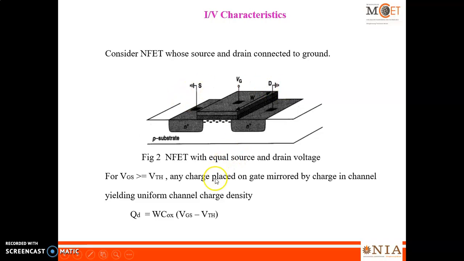What is the concept of this N MOSFET? When the gate voltage is equal to or greater than the threshold voltage, the transistor will get turned on, and any charge that is placed on the gate will be mirrored by the channel, yielding uniform channel charge density, which is equivalent to QD equal to W C_OX multiplied by (V_GS minus V_TH).